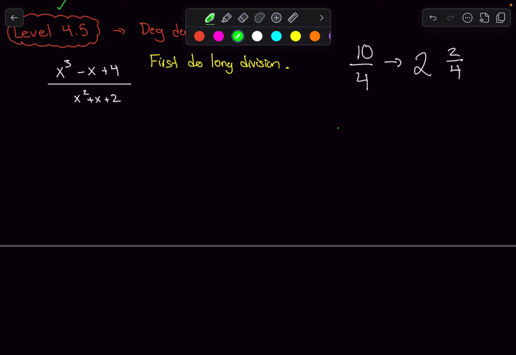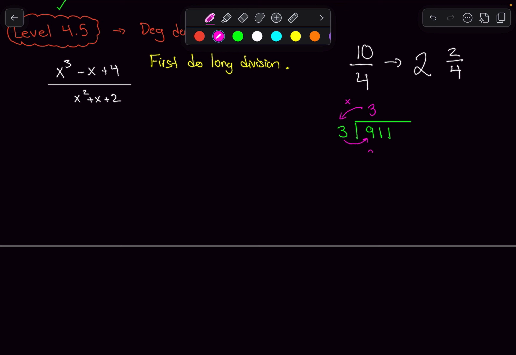So let me remind you how long division works with numbers. If I were to ask you how many times does 3 go into, let's say, 911, all right? The first thing that we do is we say, okay, how many times does 3 go into 9? And we say, okay, it goes in 3 times. We do some multiplication here.